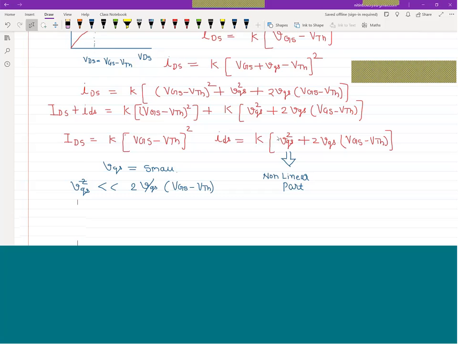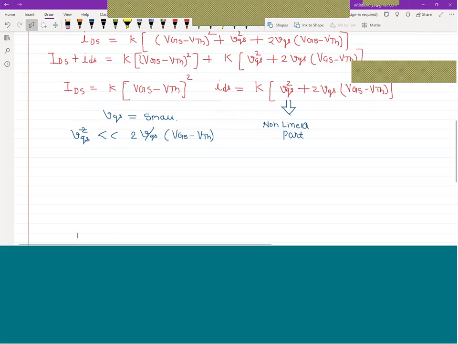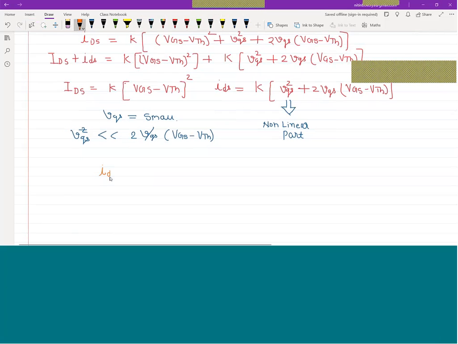Now let's say this condition is true, then I can say that small ids equal to K times of VGS into (VGS minus of VTH).